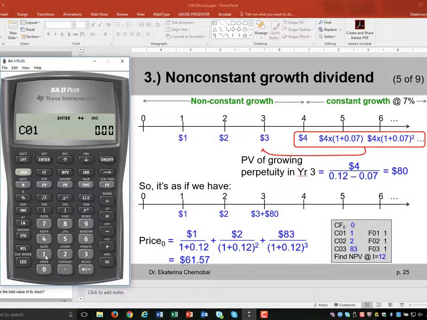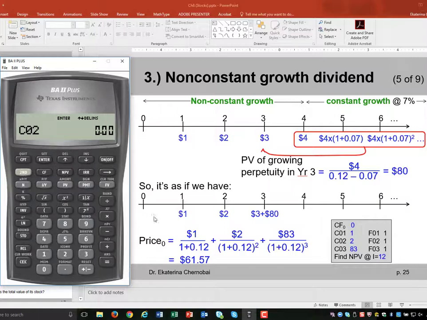So you press 1, enter, down. Frequency of it. How many times consecutively do we have $1? Only once, which is usually the case in most problems. So you can save it by pressing enter and then the down arrow key, or just the down arrow key, because 1 is always the default. So I'm just pressing the down arrow key.